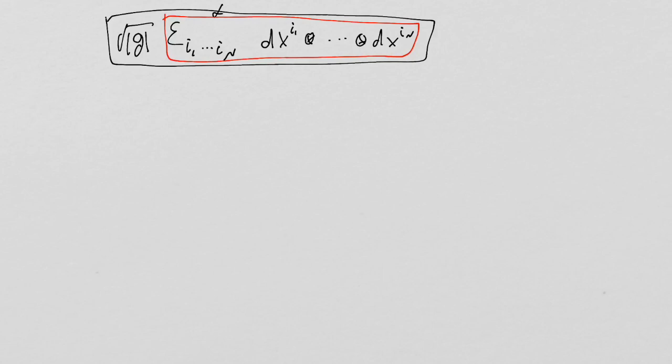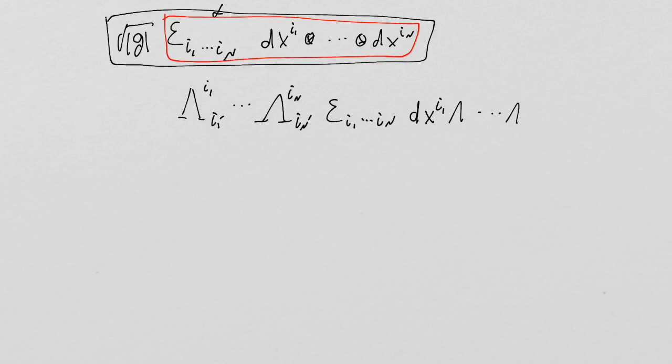That will mean that I have to multiply by the covariant matrices, i_1 prime through i_n prime, and I have to multiply by a bunch of them, i_1 to i_n, and then dx^{i_1} prime, oops, why am I wedging?